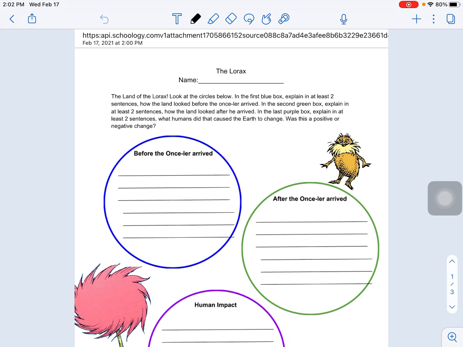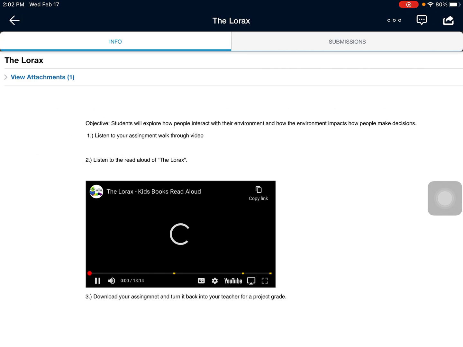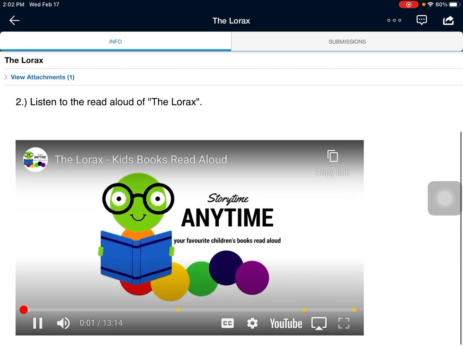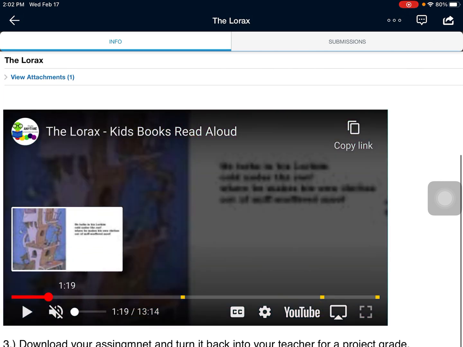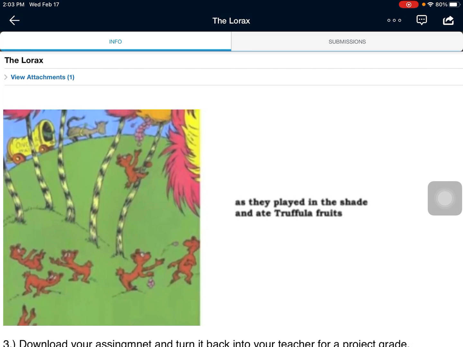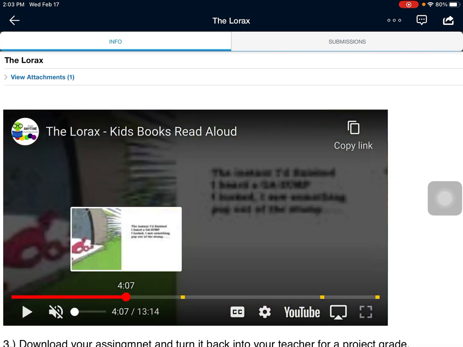So in the blue box, you are going to talk about how the land of the Lorax looked before the Oncer arrived. So if we're looking at our story here, I'm not going to play the whole video, but we're looking at this time right here on our story. How did this look? This is before the Oncer arrived in our story.